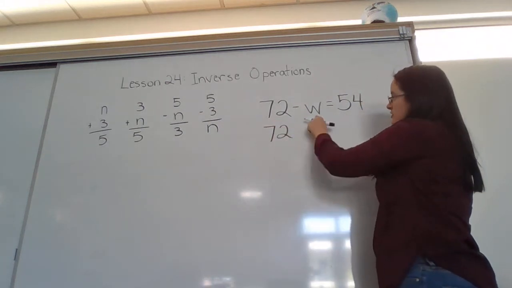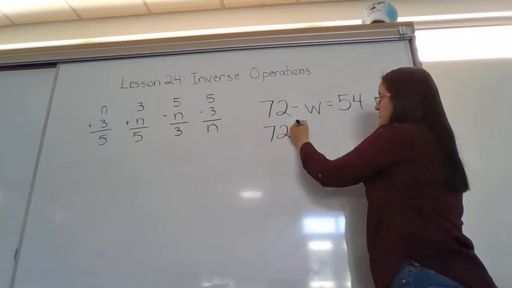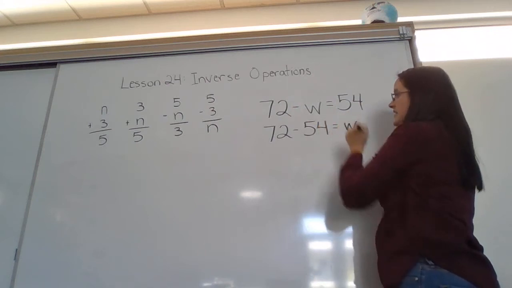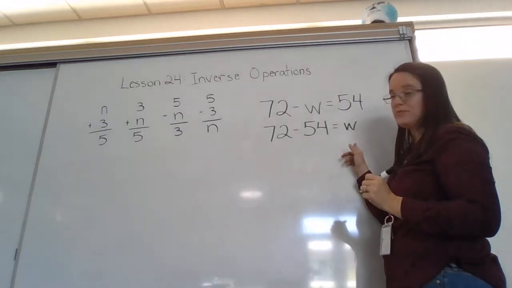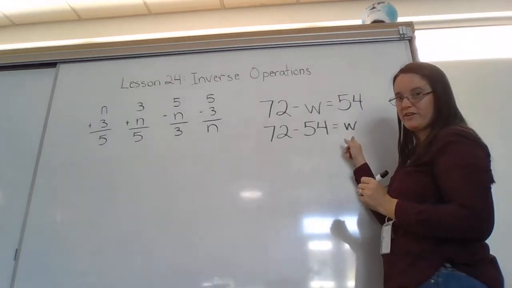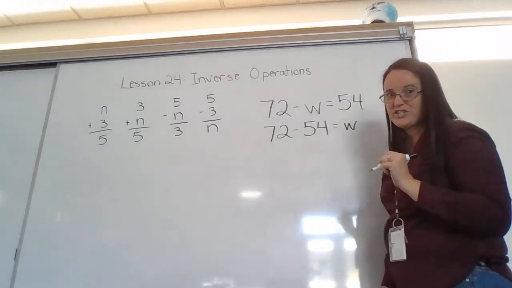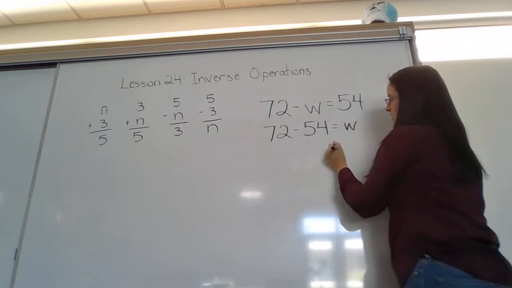I did 72 minus w, so now I need to do 72 minus 54 equals W. This will help me find W, because W is all by itself over here. However, the directions wanted me to find the addition facts as well. So let's do that. This is my big number.